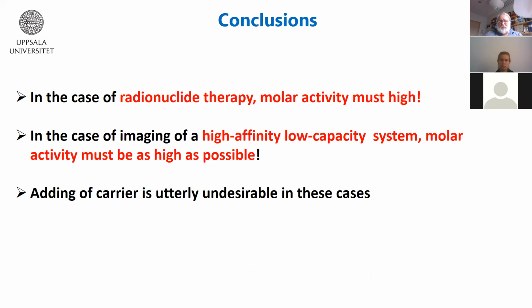I would dare to say as high as possible. In the case of imaging of a high affinity, low capacity system, molar activity must be as high as possible. And adding a carrier is utterly undesirable in this case.